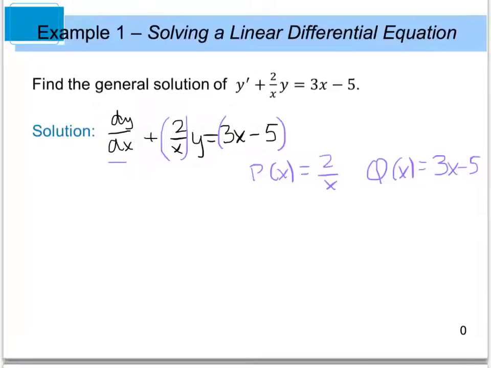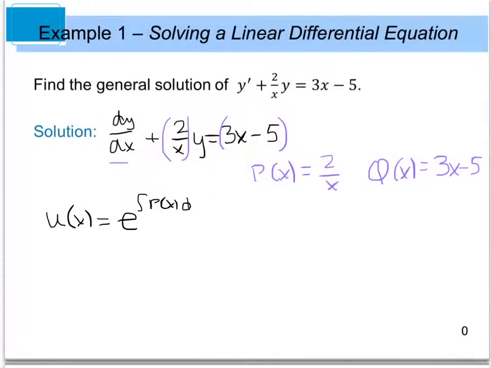Next, I want to find my integrating factor. The integrating factor, if you recall, was equal to u of x, which equaled e to the integral of p of x dx. So if I rewrite this, this is really equal to e raised to the power of the integral of p of x, which we said was 2 divided by x dx.